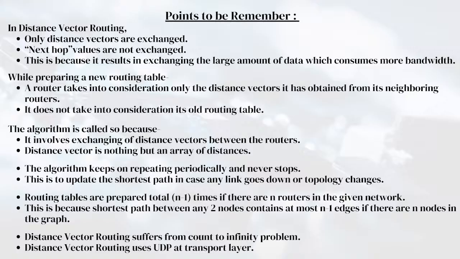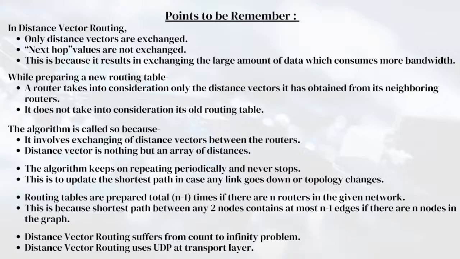Routing tables are prepared a total of n minus 1 times if there are n routers in the given network. This is because the shortest path between any two nodes consists of at most n minus 1 edges if there are n nodes in the graph.